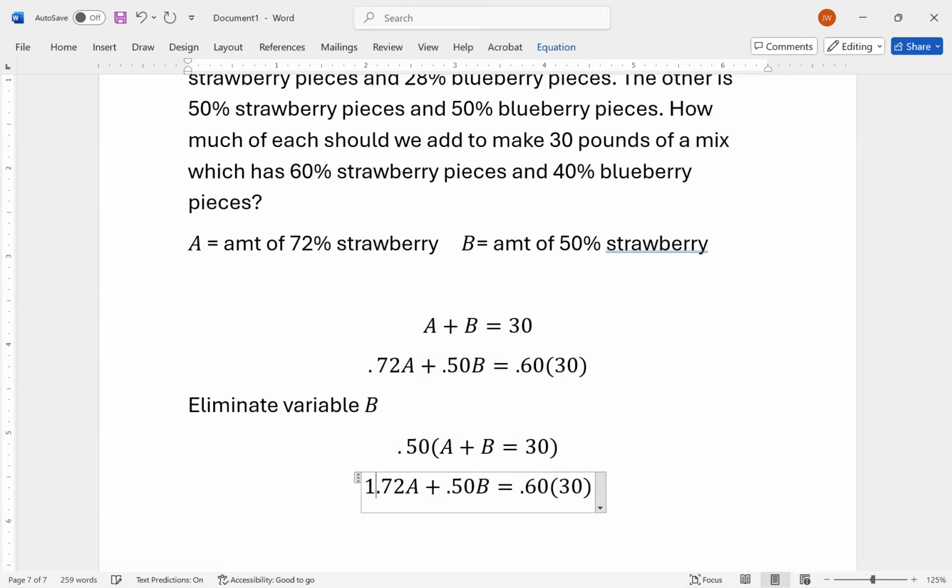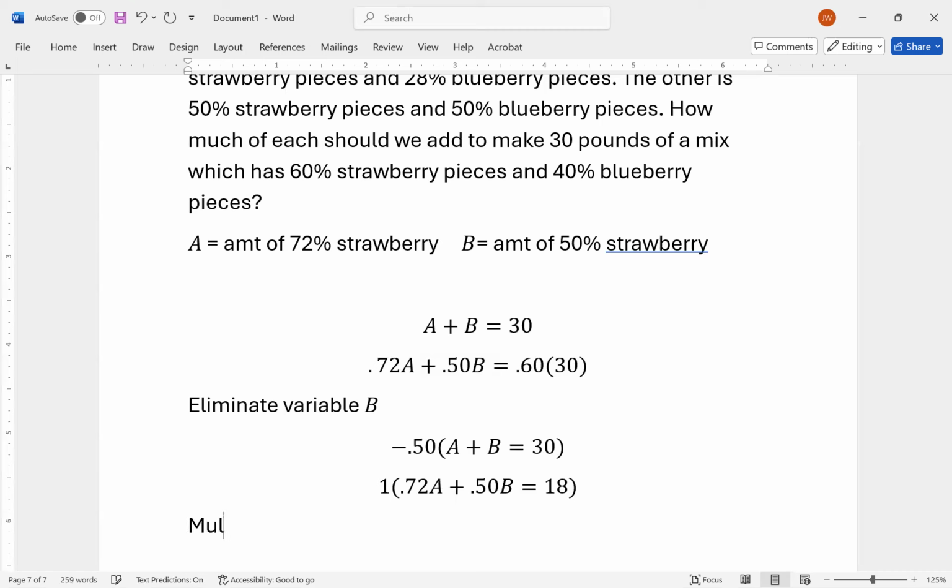Put a 1 in front of this second equation. By the way, 0.6 times 30, I'm just going to go ahead and multiply that, and that gives me 18. And then I'll change the sign on one of them. I can either change the 1 to a -1, or I can change the 0.5 to a -0.5. That's what I'm going to do.